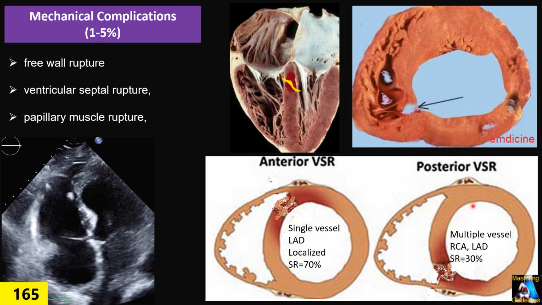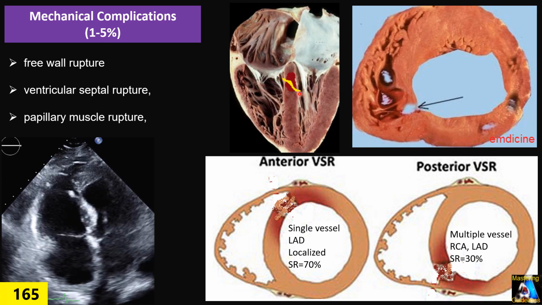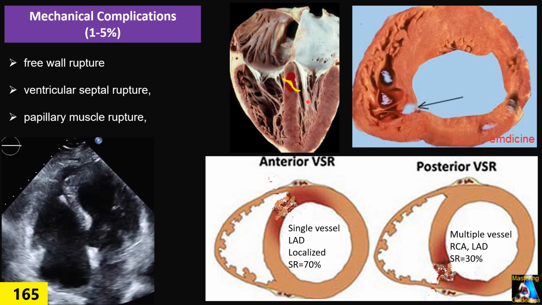But in the posterior VSR, more commonly, there is a spiral or oblique shunt, meaning the pathway of the blood from the entrance goes through the ventricular septum in some oblique tract, and finally comes out at a different location.